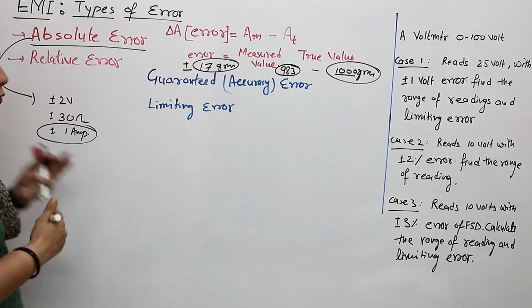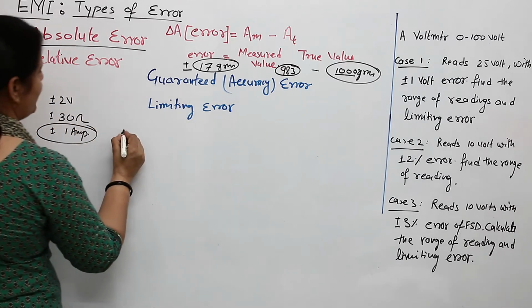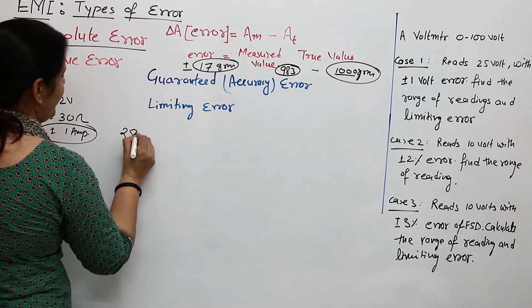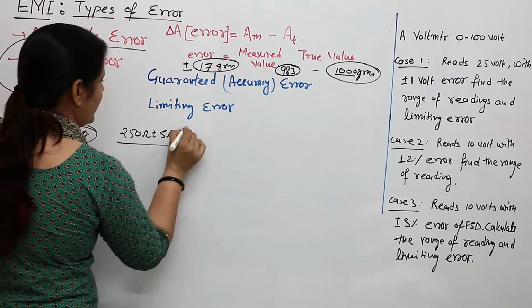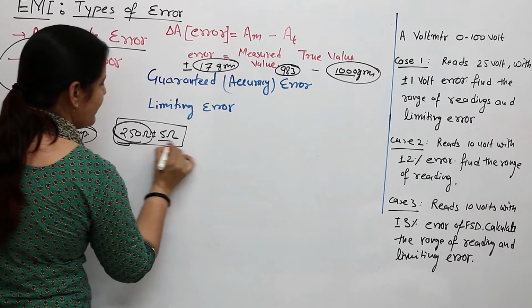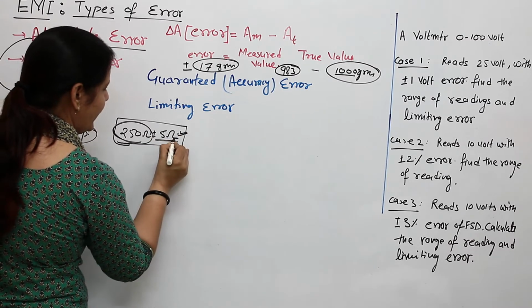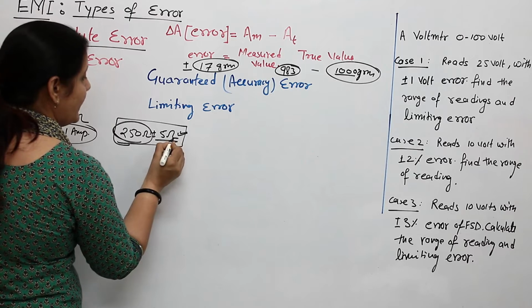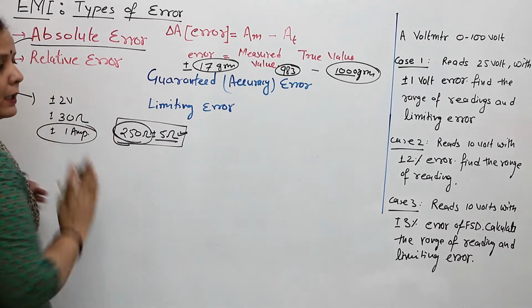The method to describe this error is: a measuring unit measures 250 ohm plus minus 5 ohm. This is the measured value and this is the possibility of error. The error will be reflected in the unit, and this unit is the same as that of the quantity you are measuring with your instrument.